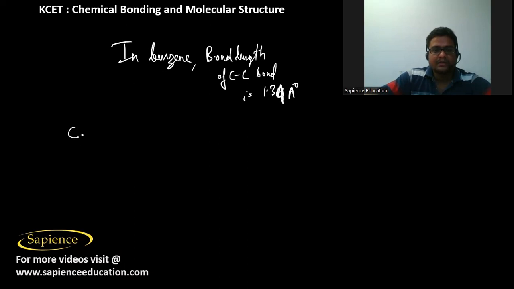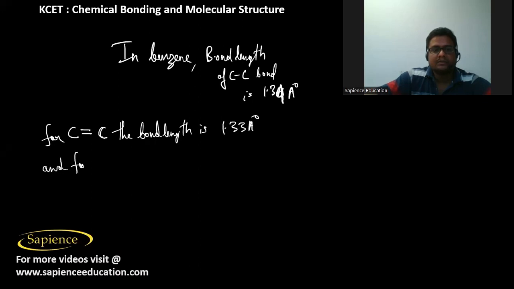And for a carbon-carbon double bond, the bond length is slightly lesser than this, found to be 1.33 angstrom. And for a carbon-carbon single bond, the bond length is 1.54 angstrom.